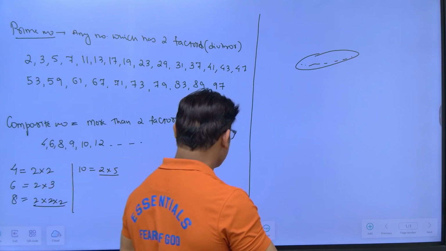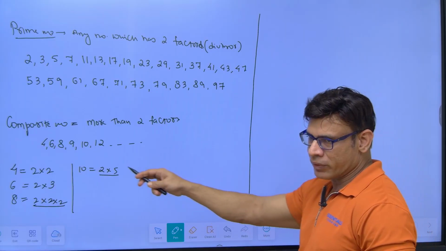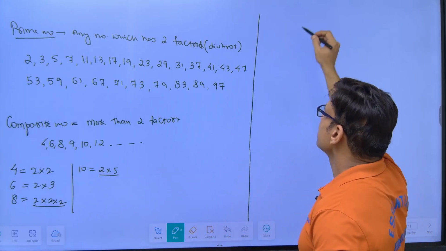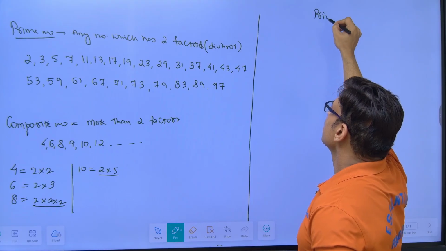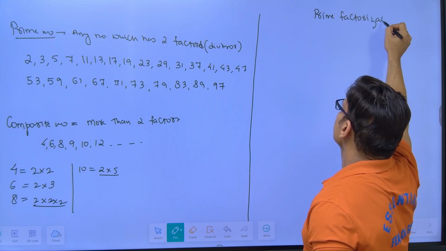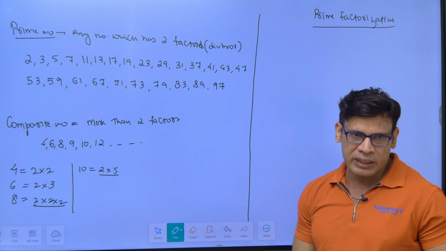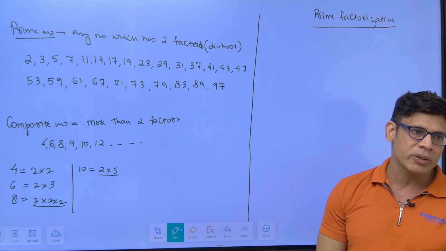Now, there is something called prime factorization. What is prime factorization? Prime factorization is basically writing any composite number as a product of its primes.